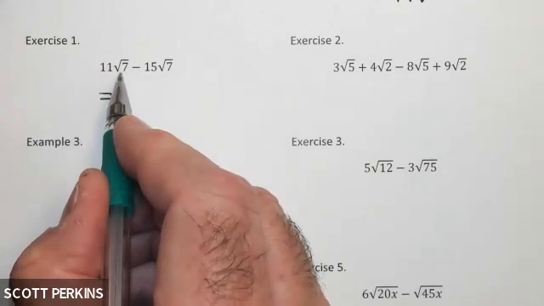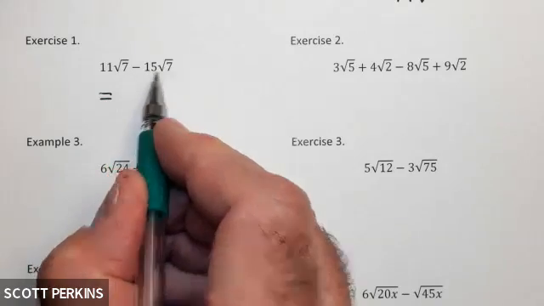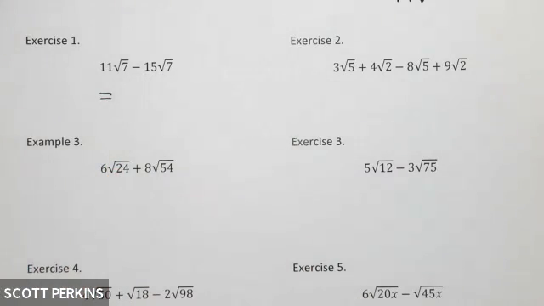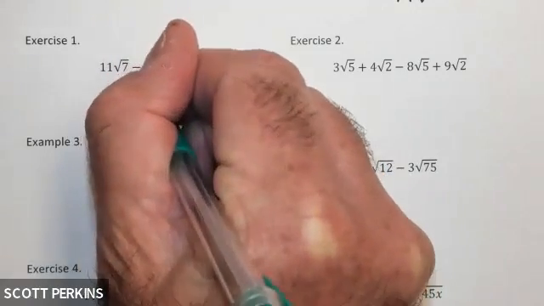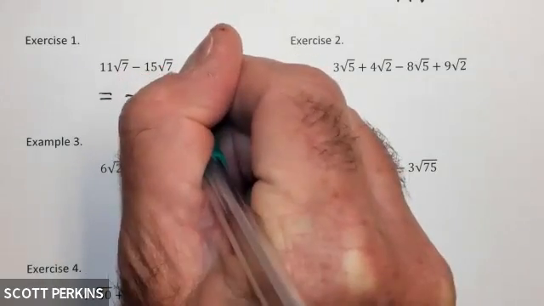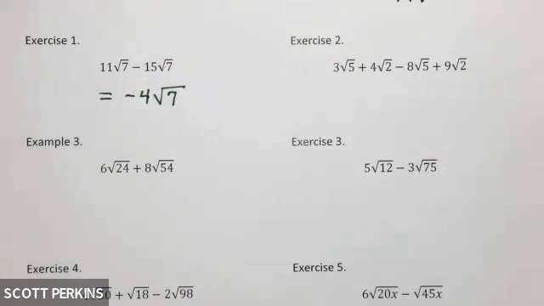All right, if there's 11 square root of 7's and then we subtract 15 square root of 7's, what do we end up with here? Okay, -4, -4 what? Perfect, square root of 7. Great job. Anybody get something different that we have to talk about?